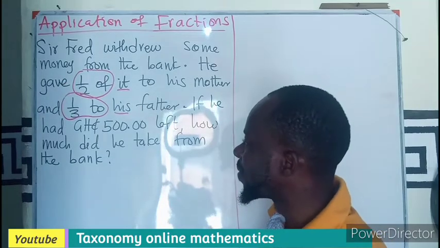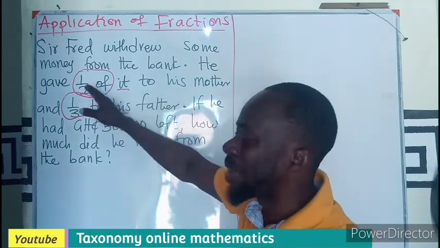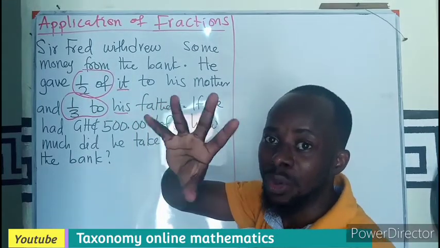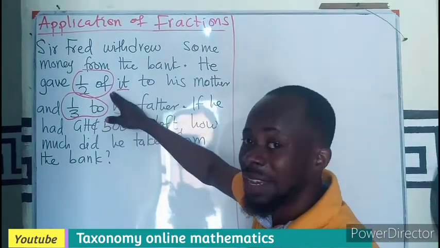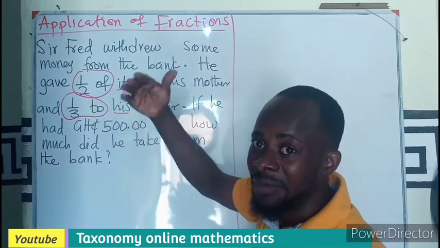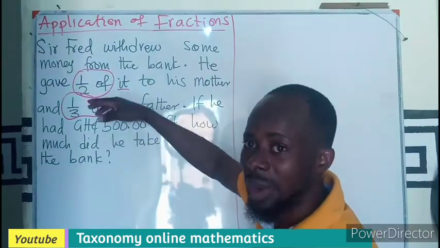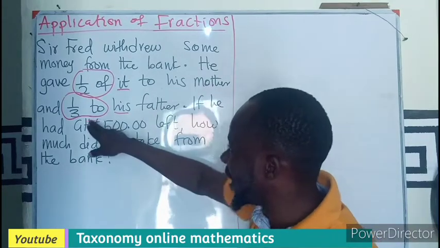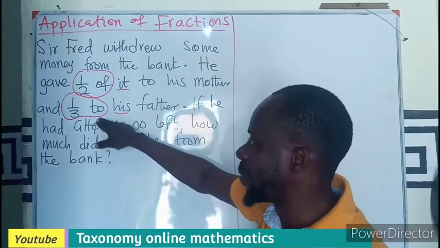So in this case, we are having parts of the amount being shared in different denominators. Meaning, at first, if the money is 20 cedis, they divide it into 2, and he used what? 10 cedis to give to the mother. Then what happened?